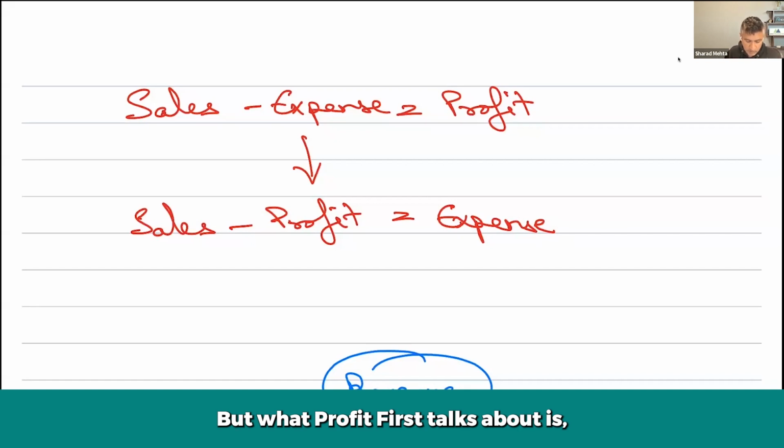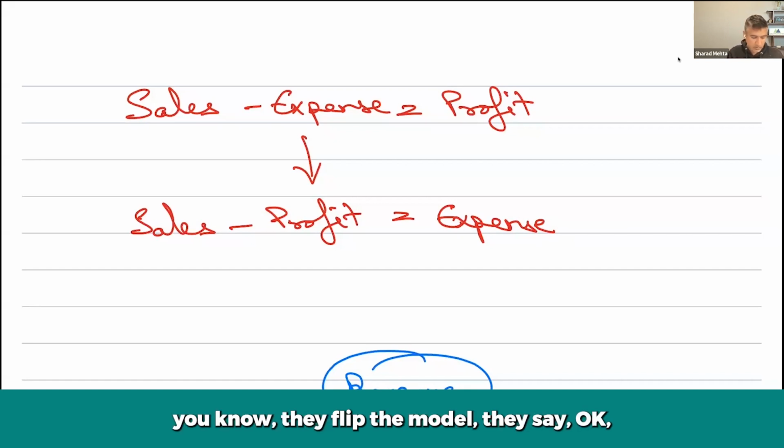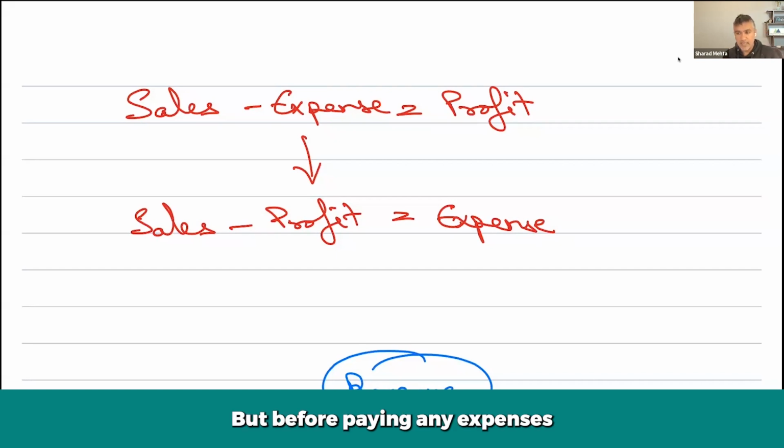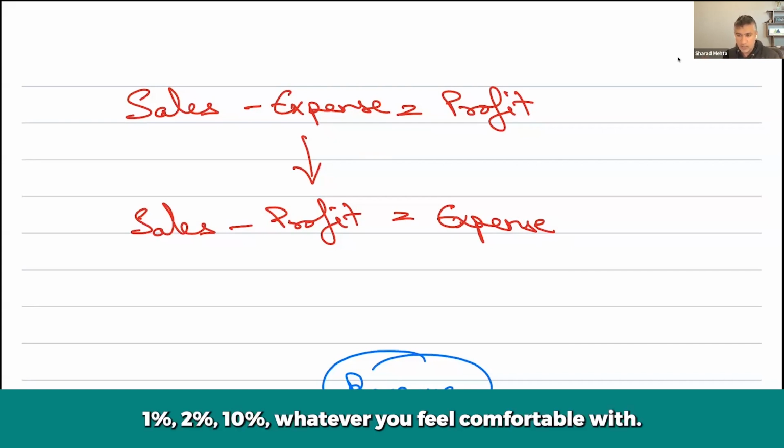But what Profit First talks about is, they flip the model. They say, okay, you still have the same revenue that you have in your business, but before paying any expenses out of that revenue, you allocate a percentage of that revenue towards profit. So it could be 1%, 2%, 10%, whatever you feel comfortable with.